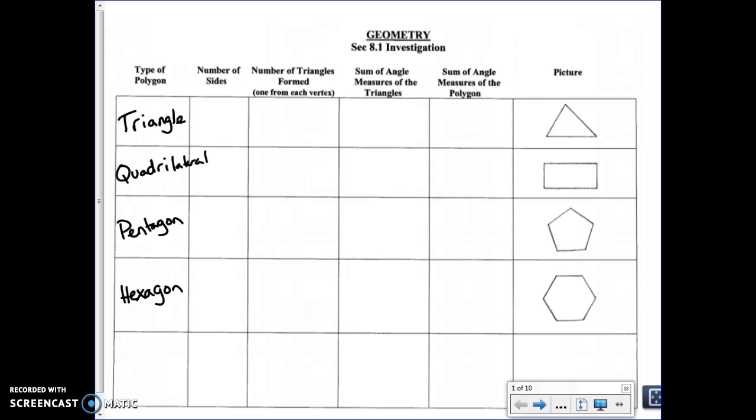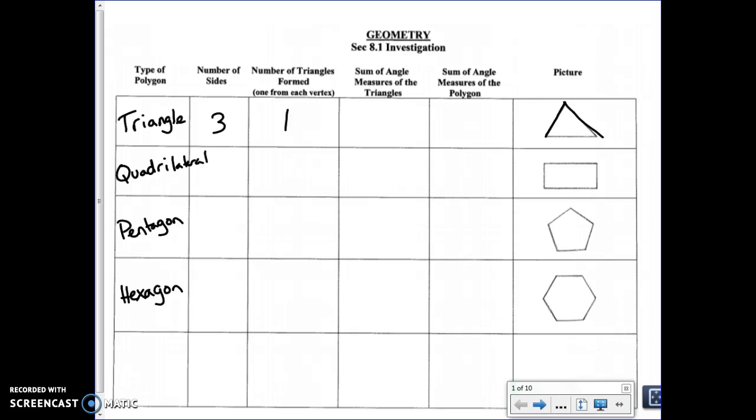So, for our investigation, a triangle we know has 3 sides. We want to know how many triangles we can form if we draw a line from one vertex to the other vertices. So we just pick a vertex and draw it to the other ones. Well, no matter where you pick, like if I pick this point up here at the top, if I draw it to the other vertices, I haven't formed anything new. It's still that one triangle.